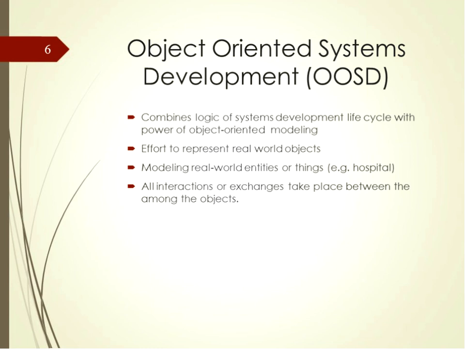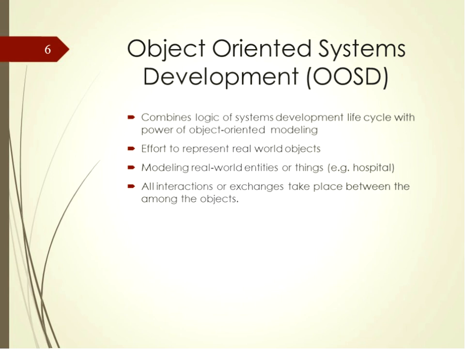The Object-Oriented Systems Development, or OOSD model, combines the logic of the systems development lifecycle with the power of object-oriented modeling and programming. Object-oriented modeling makes an effort to represent real-world objects by modeling the real-world entities or things, for example, hospital, patient, account, nurse, into abstract computer software objects.